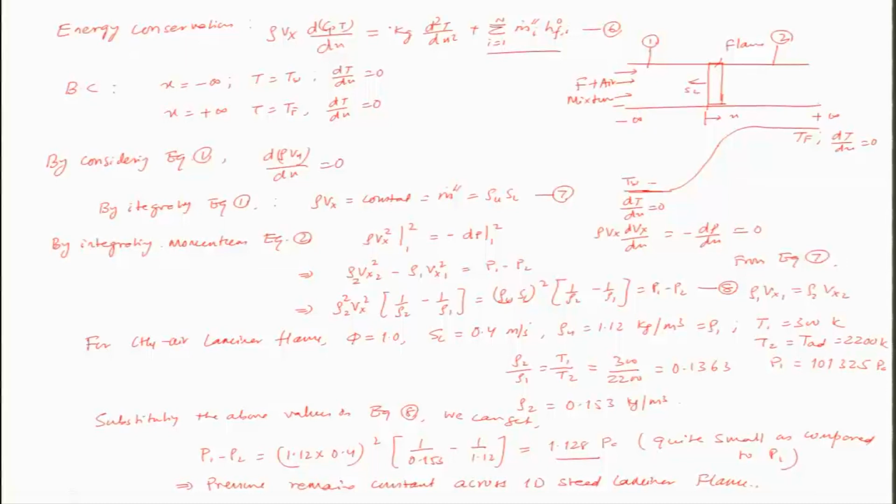Energy conservation equation. This equation is what number? 6. I can write this with Cp taken out, because Cp is a constant, as we are considering constant properties.